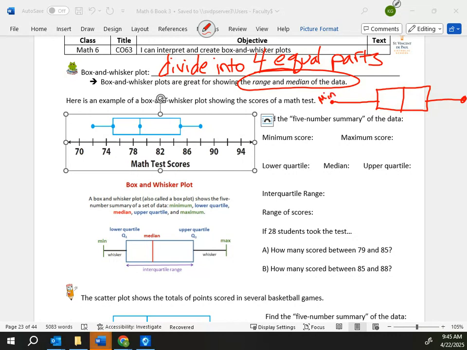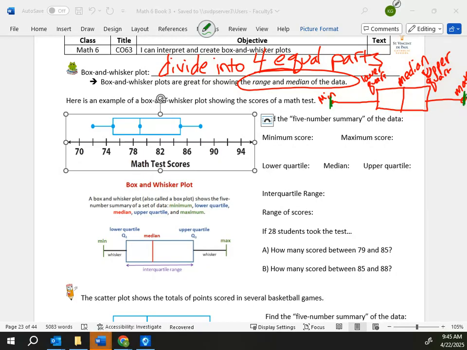Minimum, maximum, median, the lower quartile, and the upper quartile.